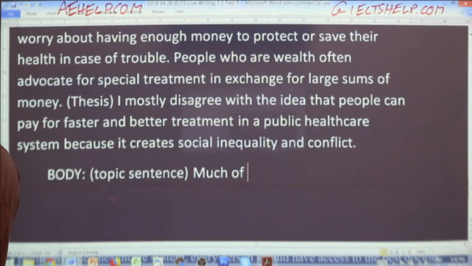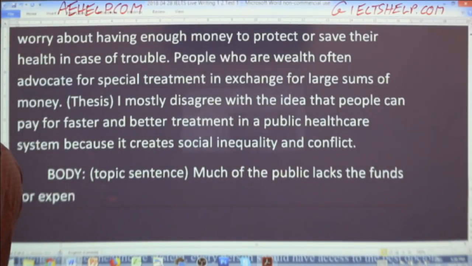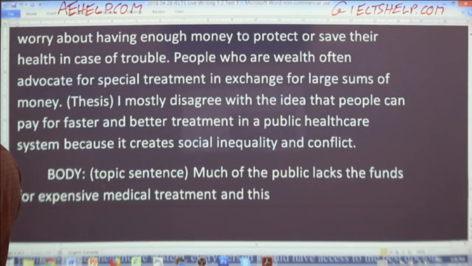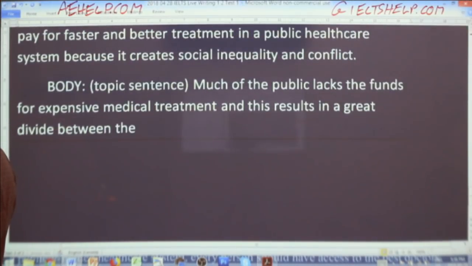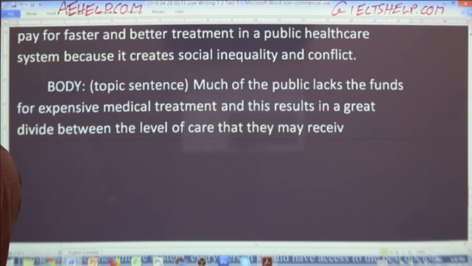Much of the public lacks the funds for expensive medical treatment, and this results in a great divide between the level of care that they may receive.